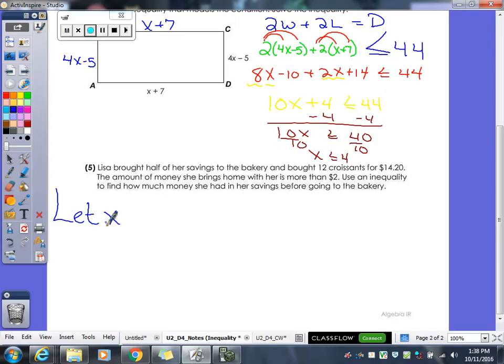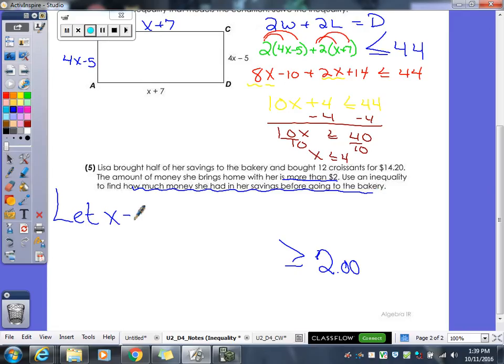The amount of money she brings home with her is more than $2. So I know that in my inequality, I'm going to have greater than or equal to $2. I'm going to have more than $2 in my pocket. Okay? Use an inequality to find out how much money she had in her savings before going to the bakery.